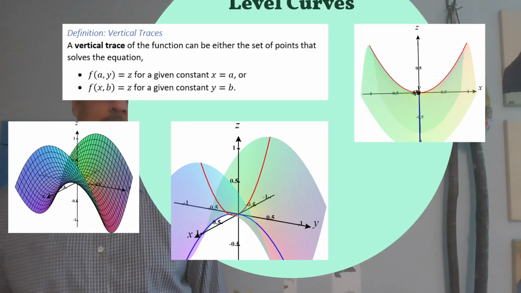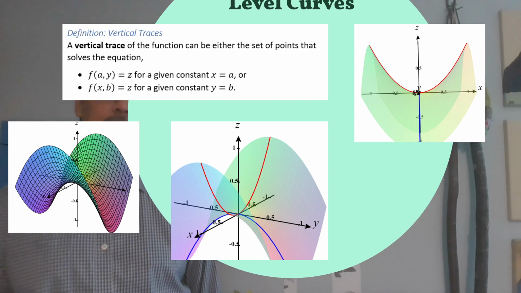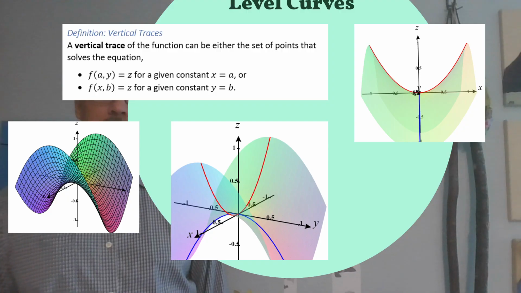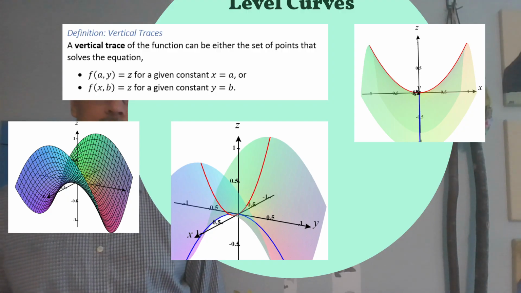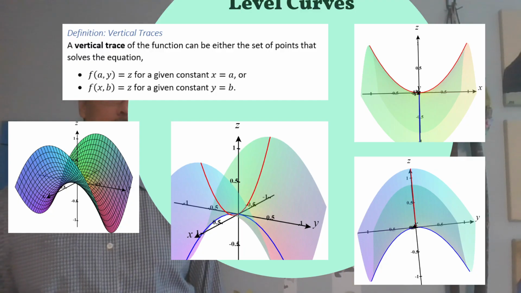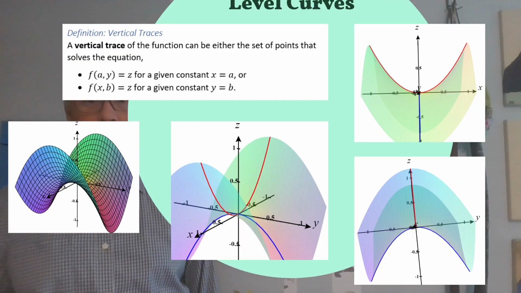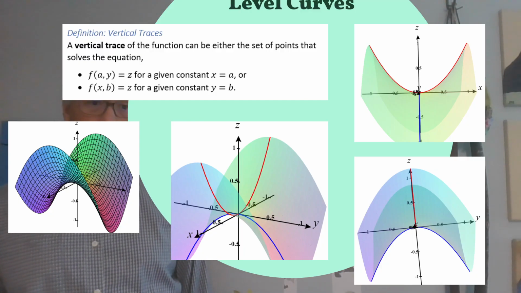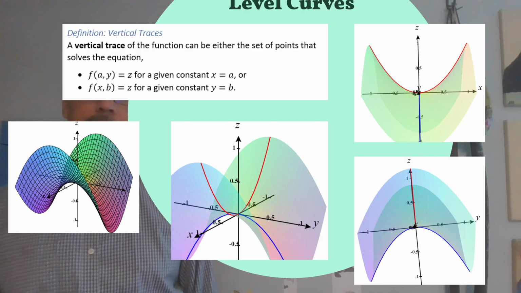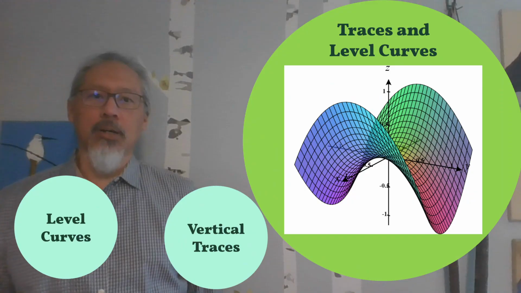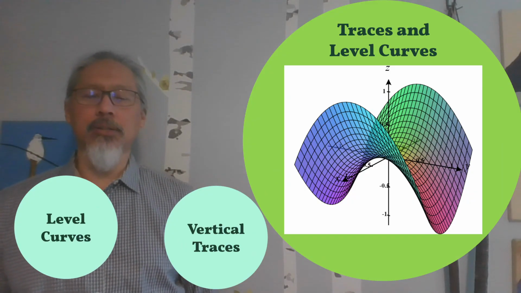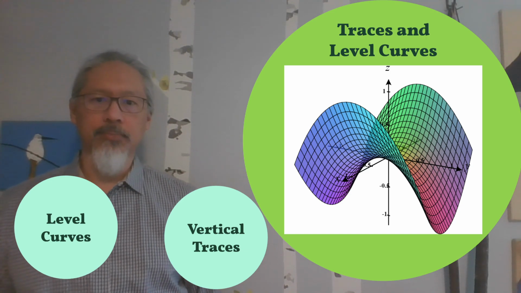So if we cut it with the xz plane, we'll see in this particular scenario our vertical trace is going to be a parabola opening upward. And then if we cut it with a yz plane, we'll see in this particular scenario that it will be a parabola opening downward. So those are our level curves or contour curves, and traces or vertical traces.